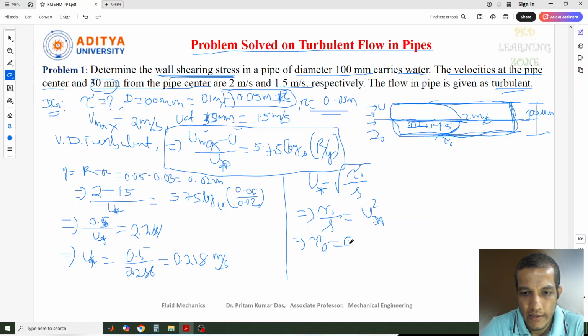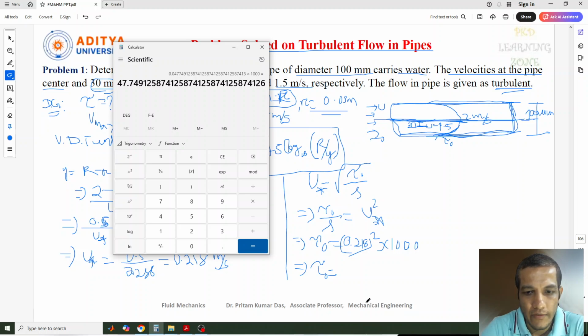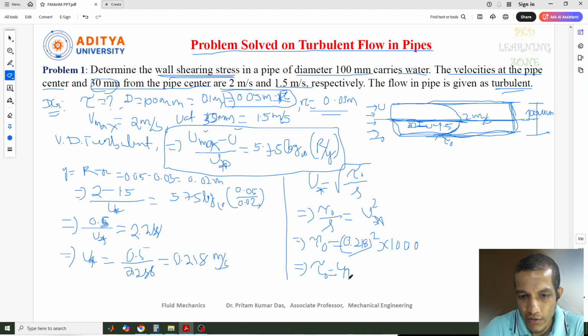So tau naught equals 0.218 square into the rho value, and the density of water is 1000. Finally we got tau naught equal to 47.75 Newton per meter square.